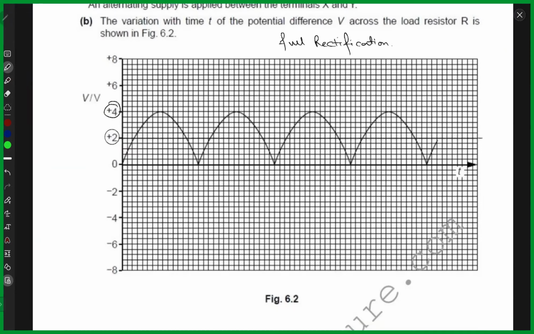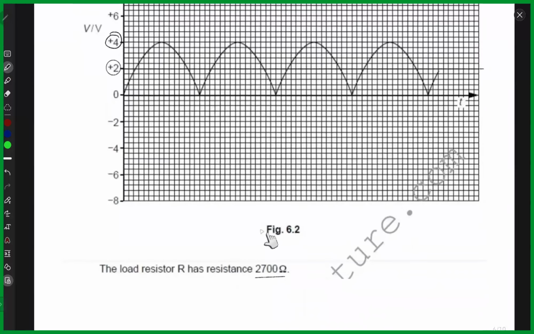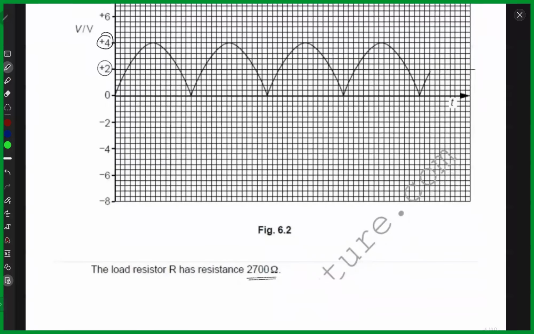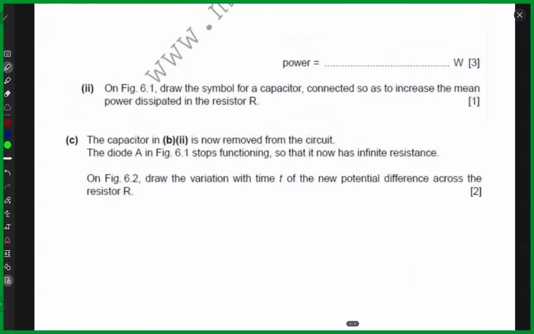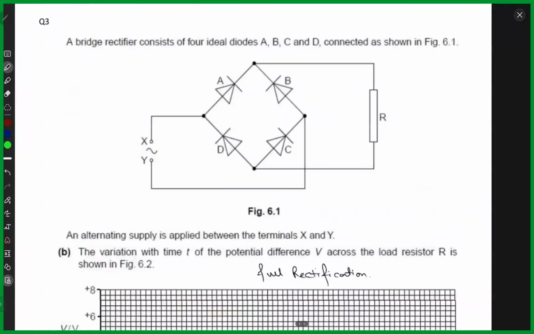So that is the mean potential drop. And okay, so we don't have I, but we have a resistor, 2700 ohms. So we can use this thing that mean power is mean voltage squared over R, right? And this would be 2.0 squared over what was R, 2700.